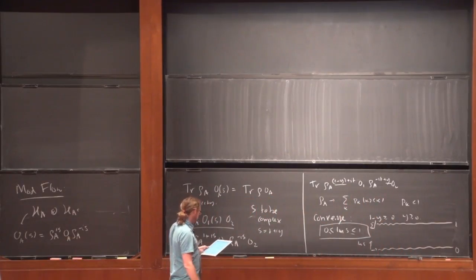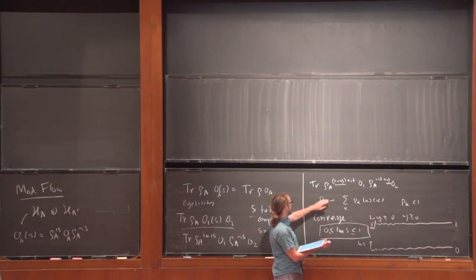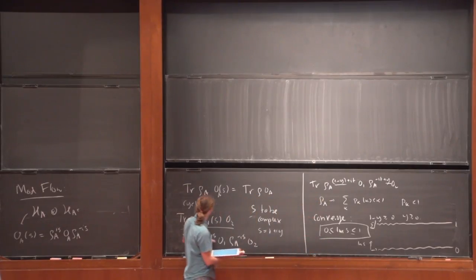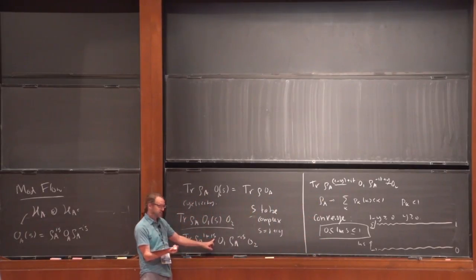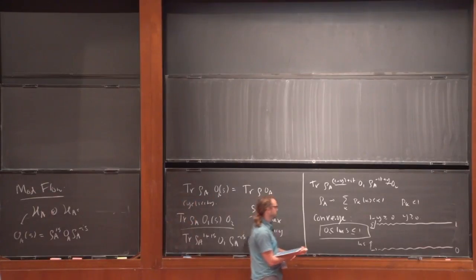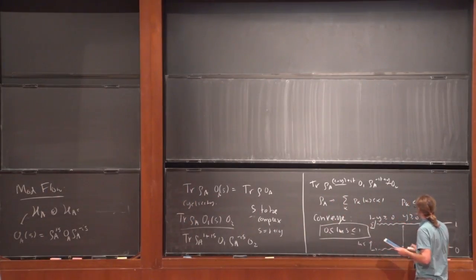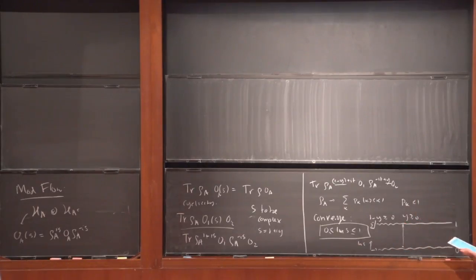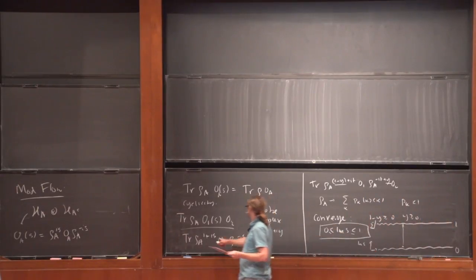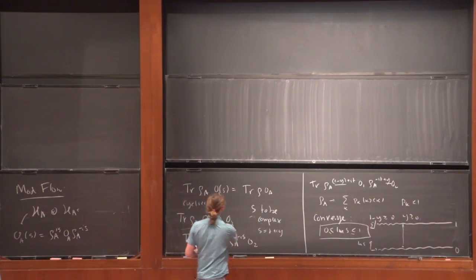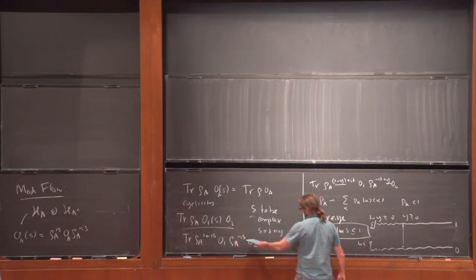And then we also notice the fact that if I take this correlation function and I set S to be equal to i, so let's say I started here and then I move up here. So when S is equal to i, what do you get? Well, you get a minus 1 here, so you just get O1 rho A to the 1.